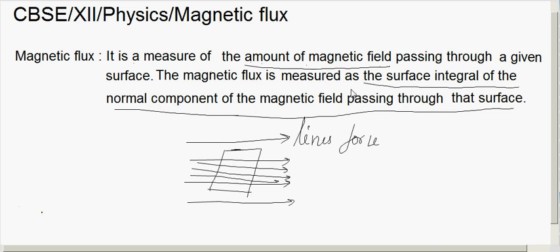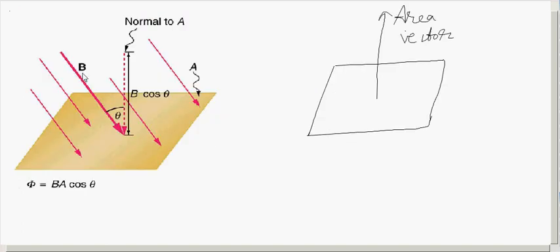The magnetic flux is measured as the surface integral of the normal component of the magnetic field through a surface. So it is given by the surface integral of B dot dS. Now here we have a slanting magnetic field B. You can resolve it into two components.